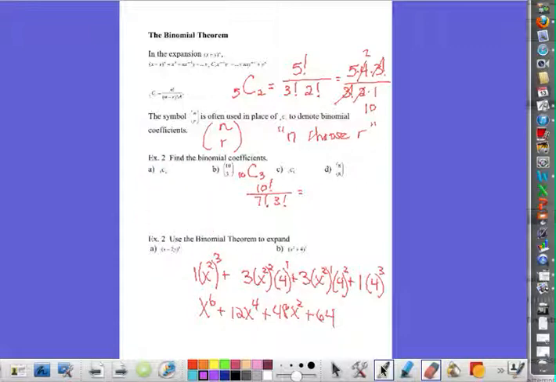So, I can make this 10 times 9 times 8 over 3 times 2 times 1. 3 goes into 9 3 times, 2 goes into 8 4 times, so that's 120. All right, try C and D on your own.